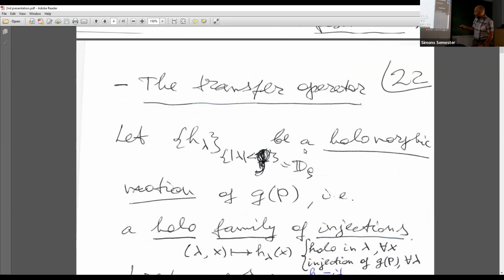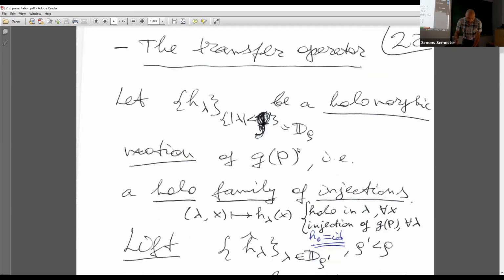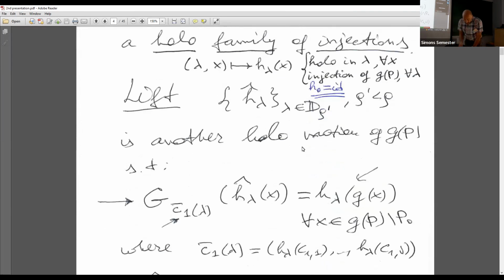So we consider, for each holomorphic motion, which is just a holomorphic family of injections of this finite set which start with identity, of course, we define the lift of this holomorphic motion. This is the definition.